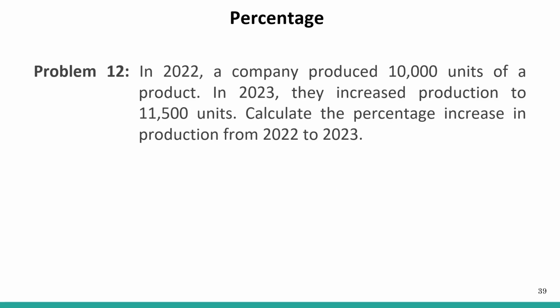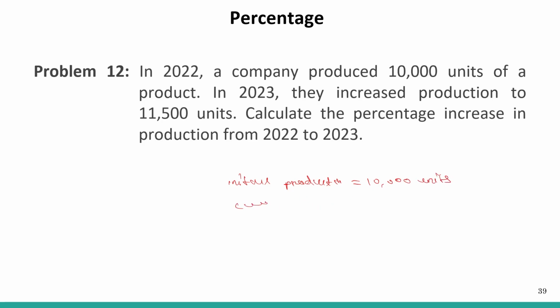So problem 12. In 2022, a company produced 10,000 units of a product. In 2023, they increased production to 11,500. Calculate the percentage increase in the production from 2022 to 2023. So what we want to calculate is: initial production is 10,000 units.